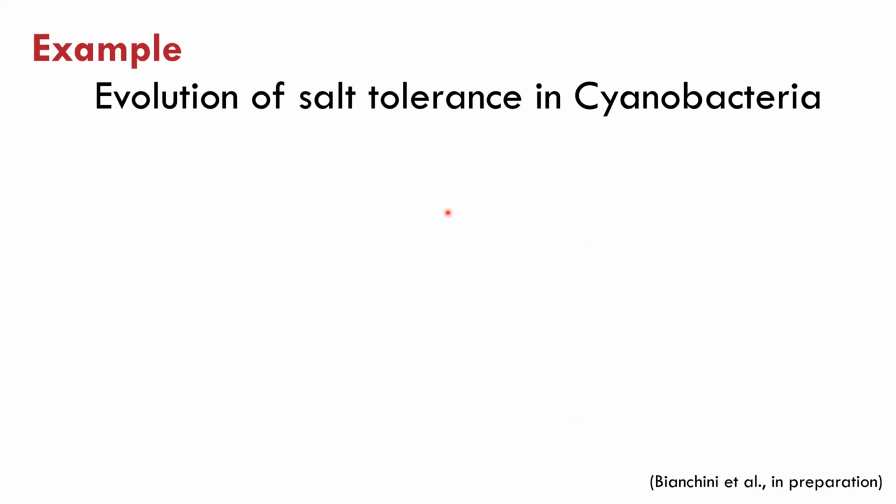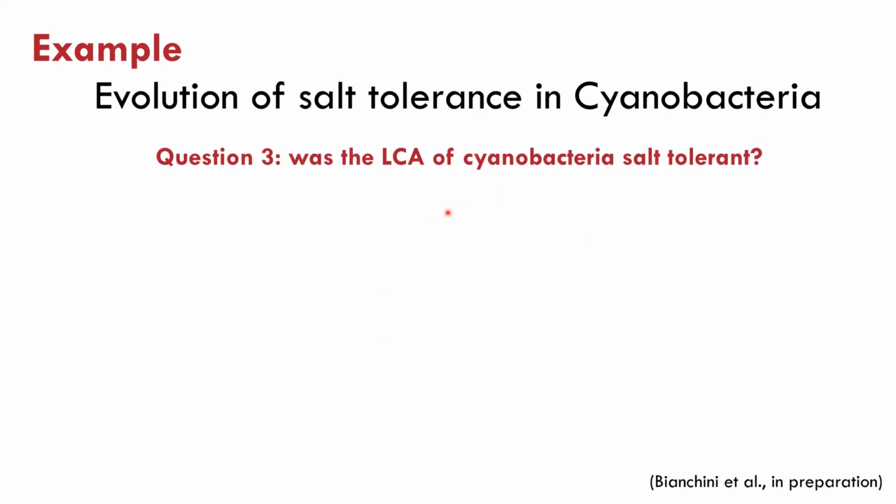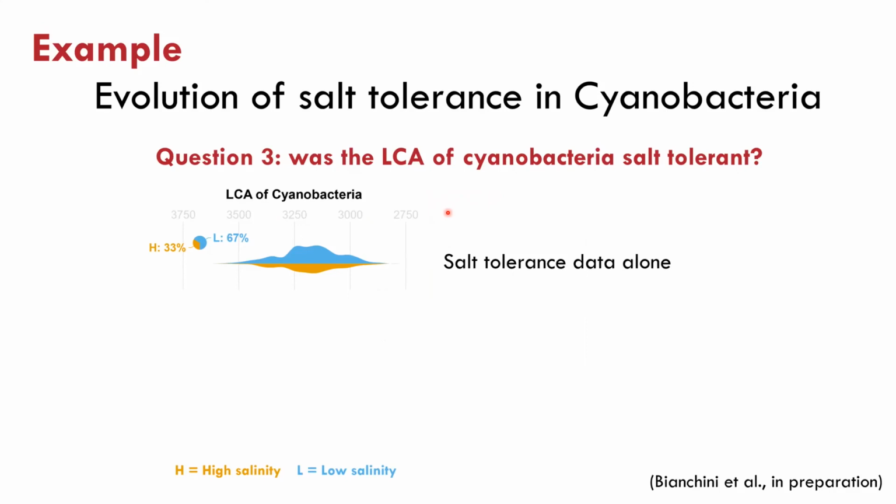Third question and main question is, was the last common ancestor of cyanobacteria salt tolerant or not? As I was saying before, the salt tolerance data alone is not enough to answer this question. This plot here shows you the probability that the last common ancestor of cyanobacteria lived at a certain time and had a high salt tolerance or a low salt tolerance.